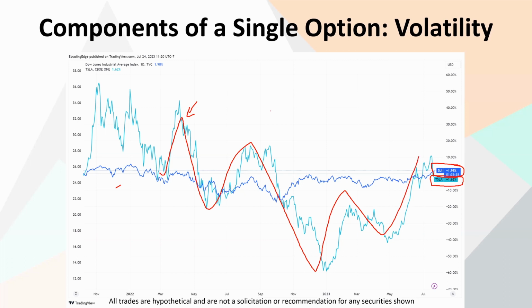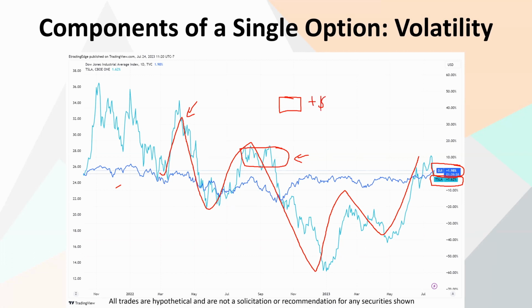And these huge gyrations create a higher potentiality for getting to various strikes, I should say, right? So basically, there's a higher potential that even though the market might be right here, so we're just going to take this for example, the market might be right here, there is a high potential that Tesla could actually make it all the way up to this box. So the options market will price this much higher, right?